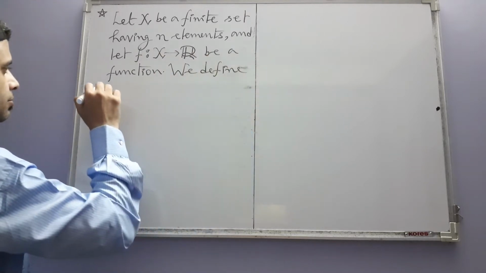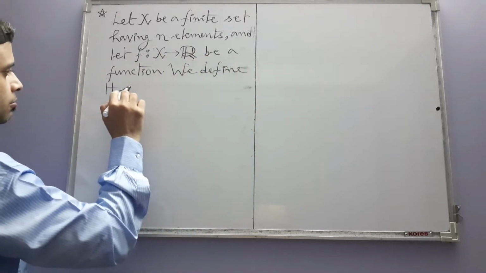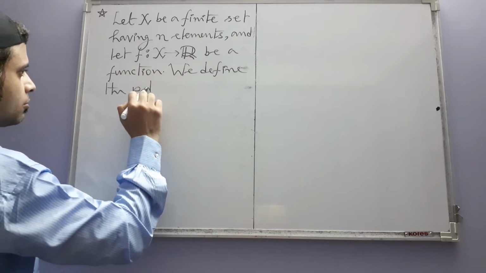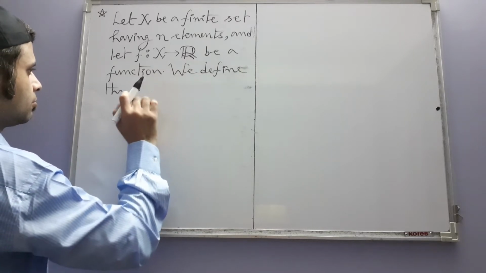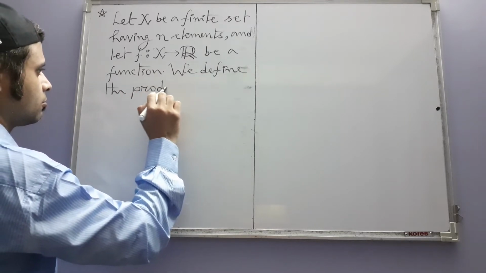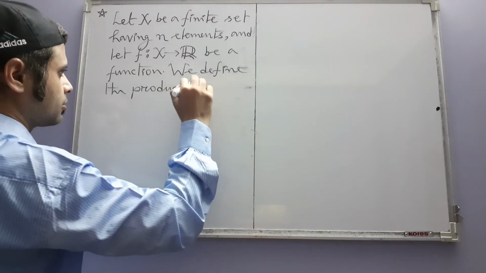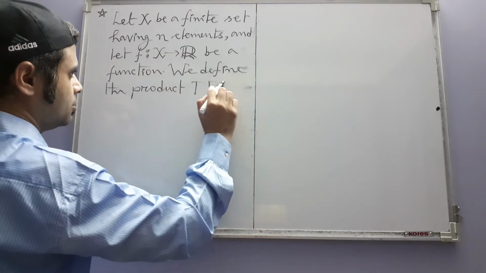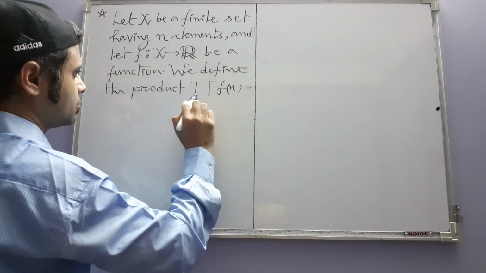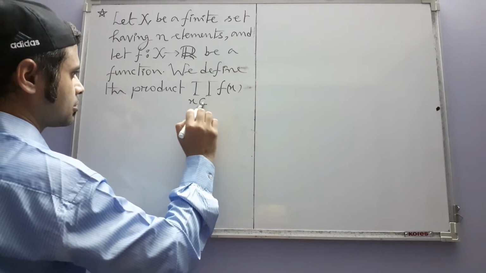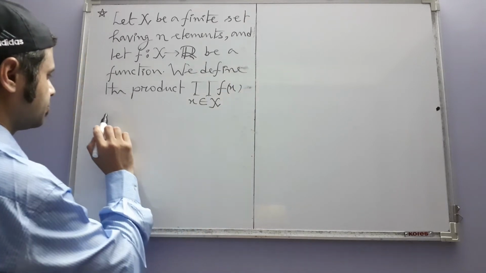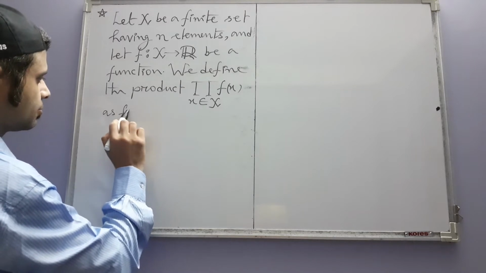We define the product of these functional values f of x as x varies over X as follows.